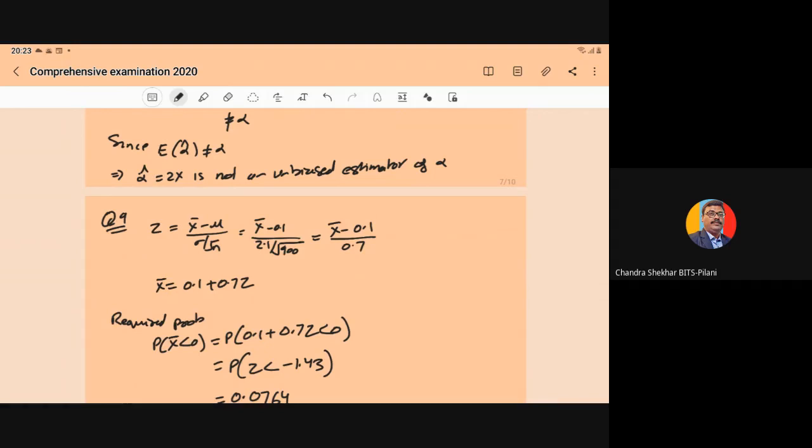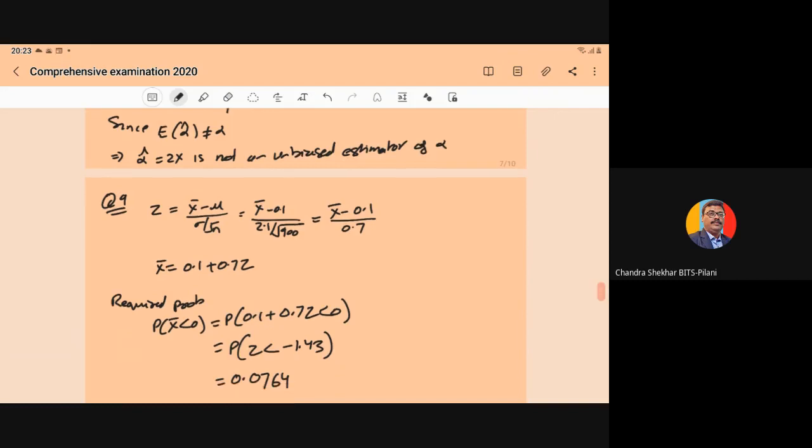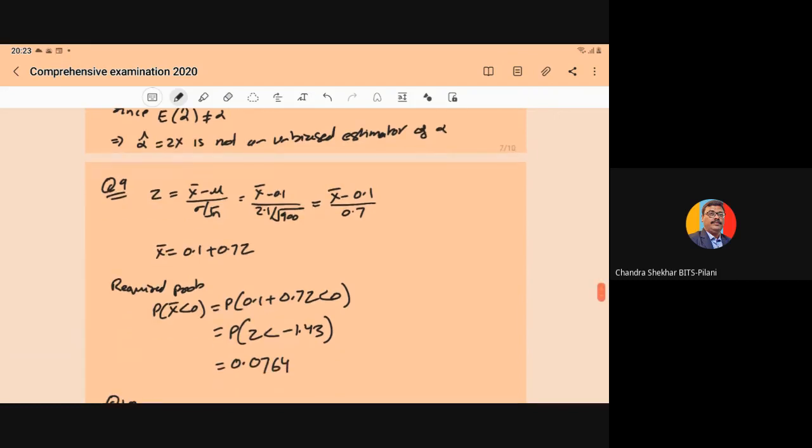Mu, sigma and n are given to you. So z is x bar minus 0.1 upon 2.1 upon root of 900. So it becomes x bar minus 0.1 upon 0.7. So here x bar will become 0.1 plus 0.7 into z.